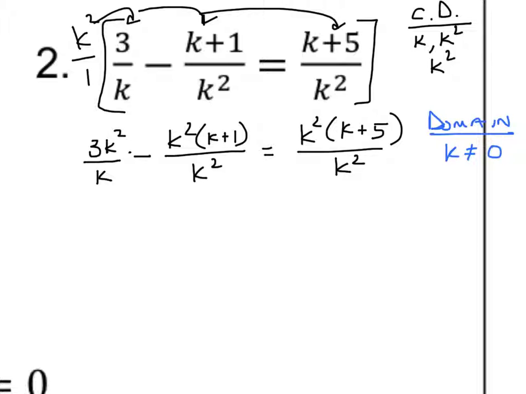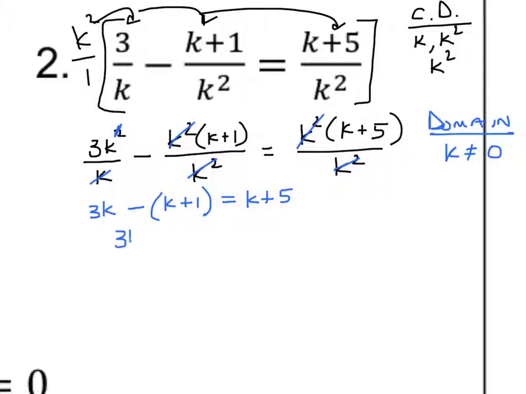Okay. So now I'm going to go ahead and cancel things that are the same. I've got one of these k's on top, cancels with this k on the bottom. I'm left with a 3k. This k squared cancels out with that k squared. I'm left with a k plus 1. And this k squared cancels out with this k squared, and I'm left with a k plus 5. Now, the reason I left the parentheses on this middle one is because I've got a minus sign here, which means I have to distribute it.